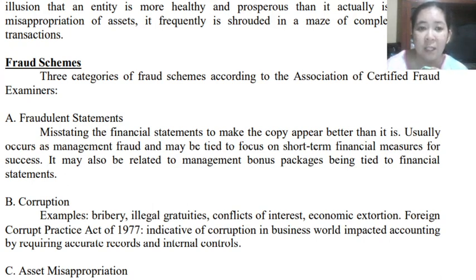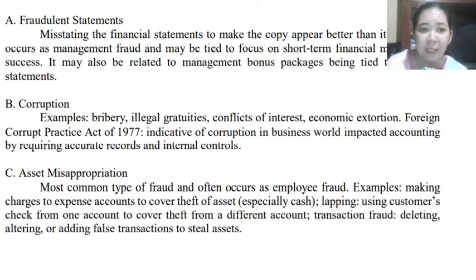Usually, this occurs as management fraud, and may be tied to a focus on short-term financial measures for success. It may also be related to management bonus packages being tied to financial statements. Because there is pressure, of course, to meet their financial targets, they do fraudulent statements.